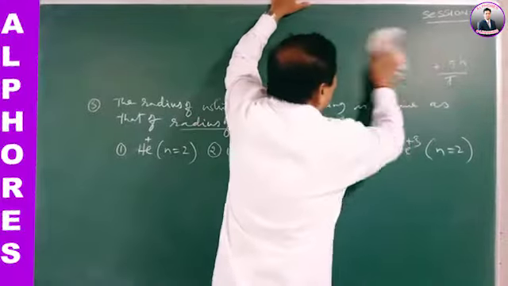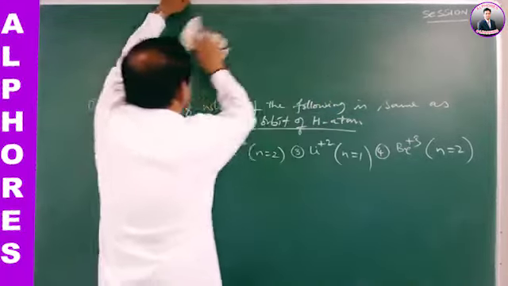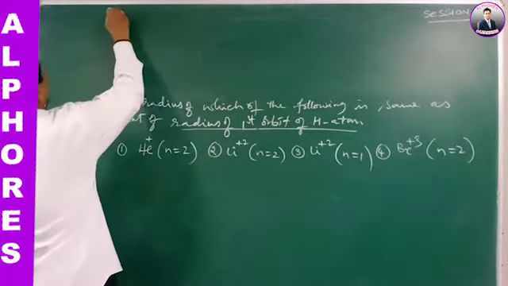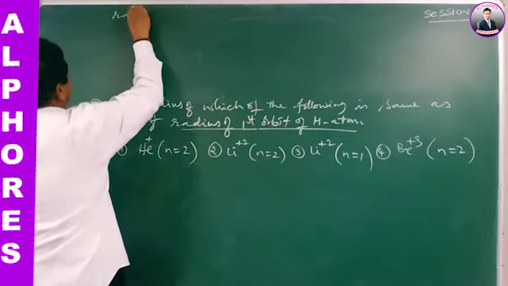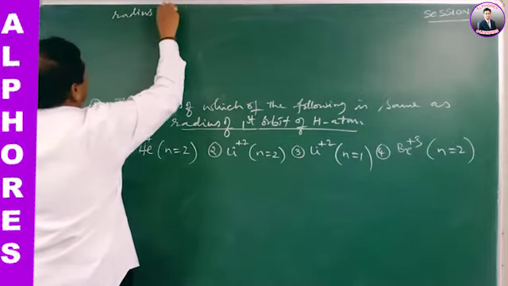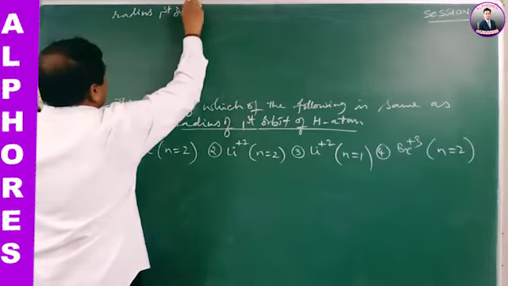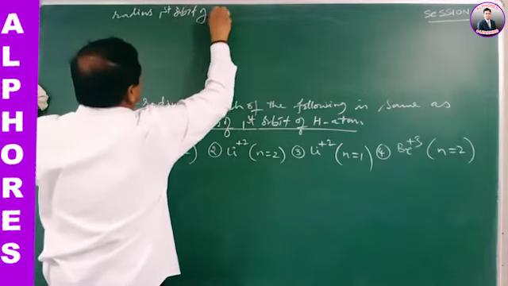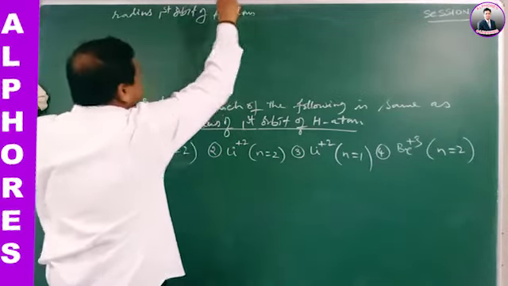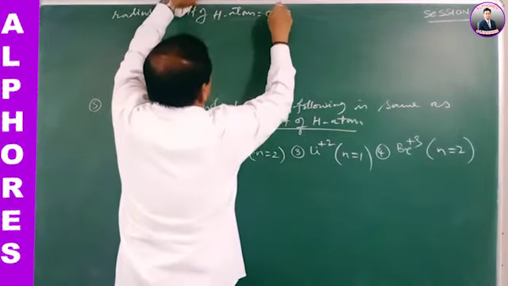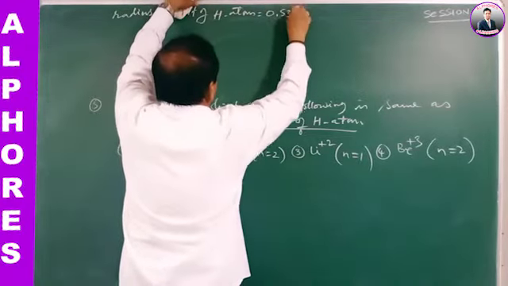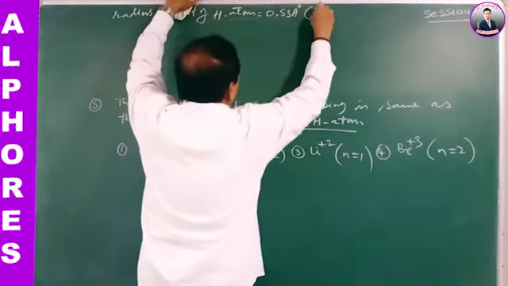So the radius of the first orbit of hydrogen atom is 0.53 angstroms, or let us say it is R1.